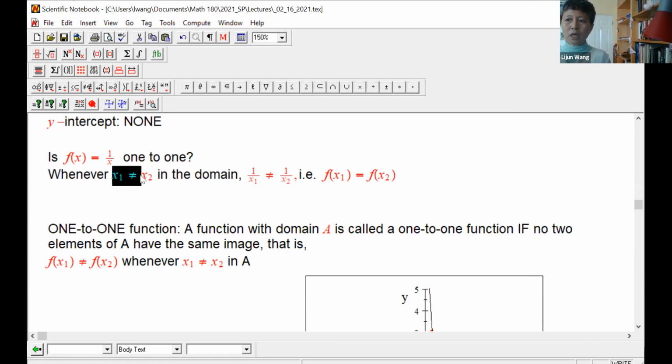If the two numbers are not the same, their reciprocals will not be the same. Everybody will agree with you. So whenever x1 is not the same as x2, their outputs will not be the same.